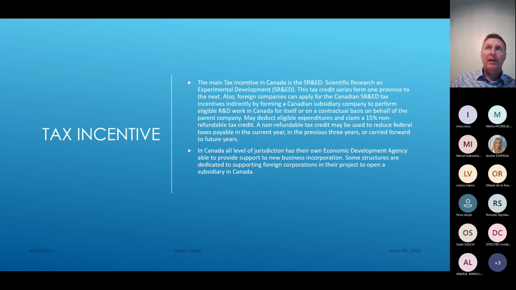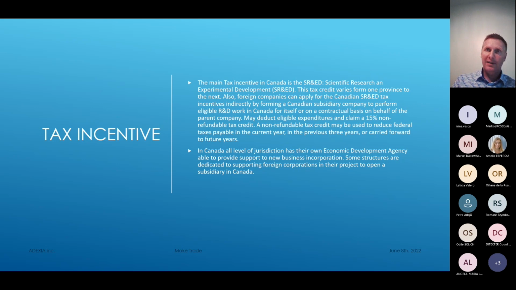And then, depending on how many jobs you're planning to create when you open your subsidiary, it's always a good idea to put the different economic development agencies in the different provinces in competition.